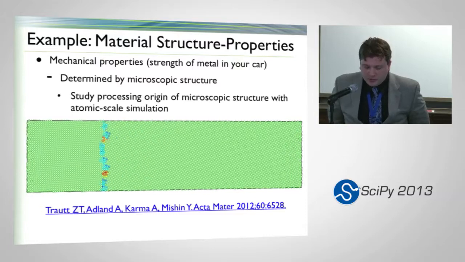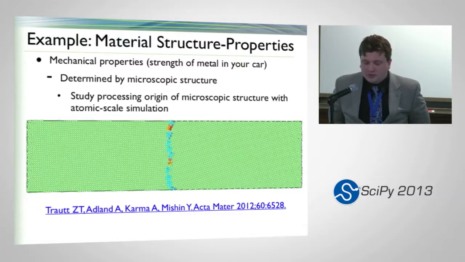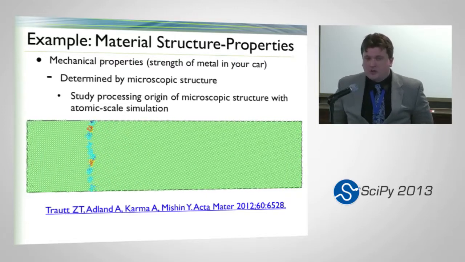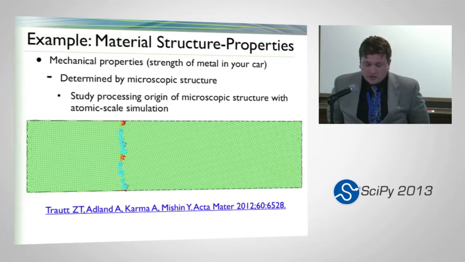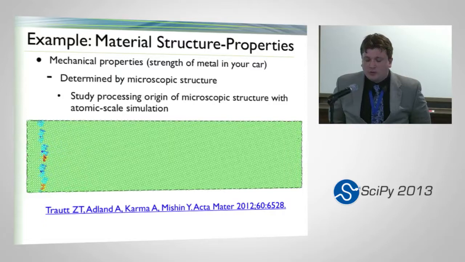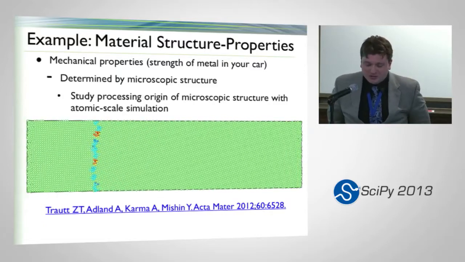Grain boundaries are pretty important in that they're a strengthening mechanism for the metal in your car, for example. And I am interested in studying the origin of that microscopic structure when we process a material, like bang on it really hard, heat it up, and so on and so forth.